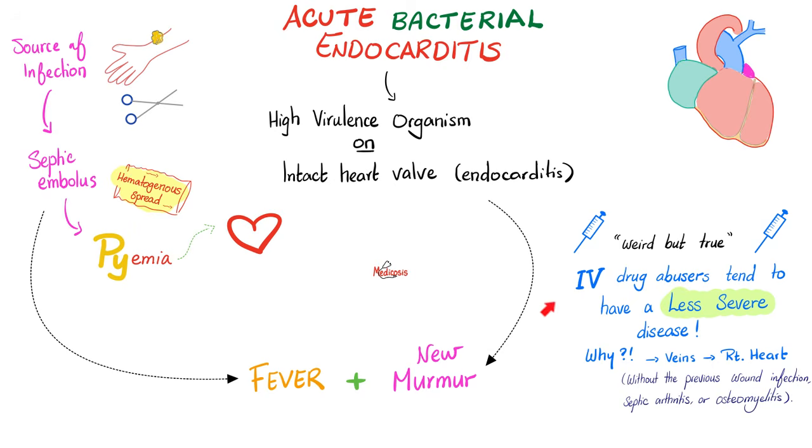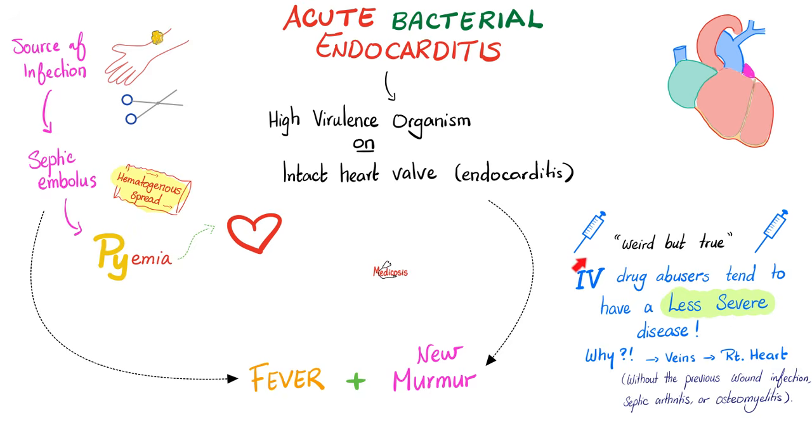True. If you remember the first case that we discussed today, we had two adults. Both of them had fever. No murmur, same bacteria. One of them had very severe symptoms. One of them had mild symptoms. The person that had the mild symptoms was the IV drug user. Why not so sick?